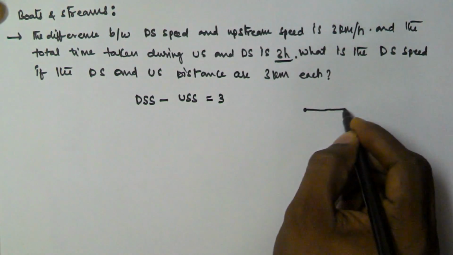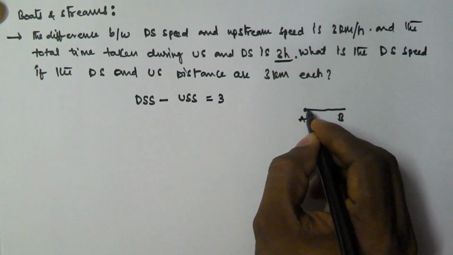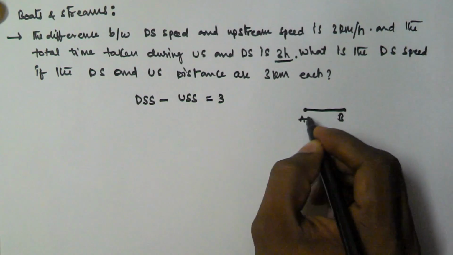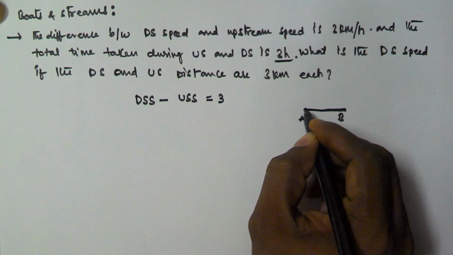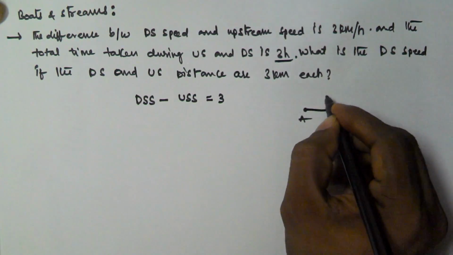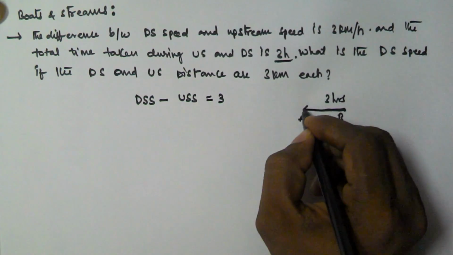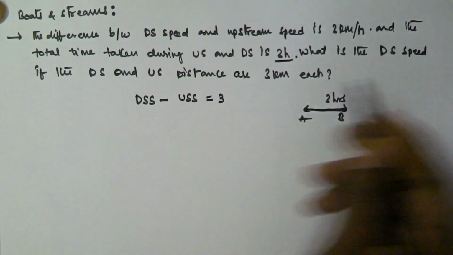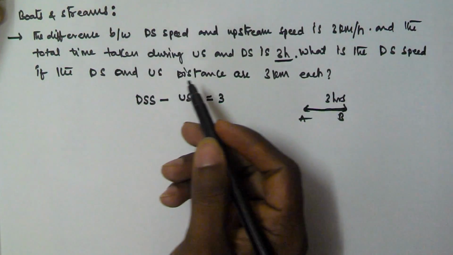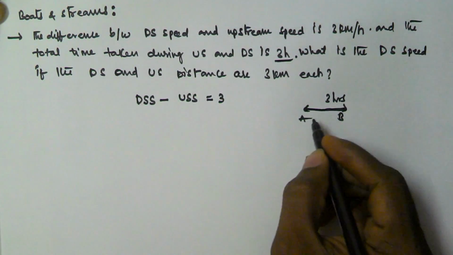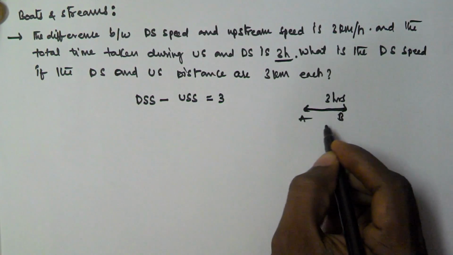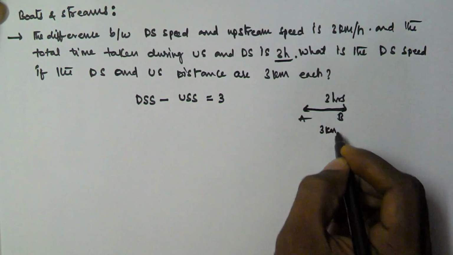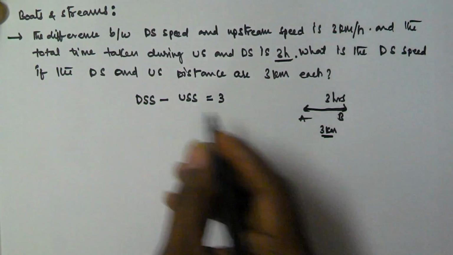Suppose he is traveling from this position to this position, so the total time taken to travel from A to B and B to A is 3 hours. That is given. And the downstream and upstream distances are 3 kilometers each, that means A to B distance is 3 kilometers. Okay, so we take that.